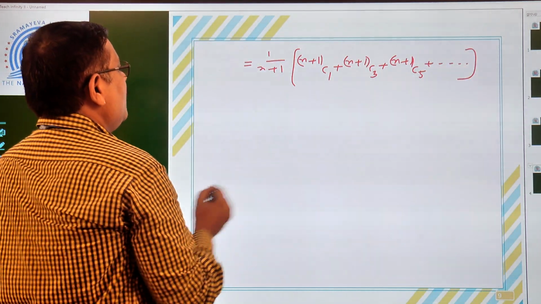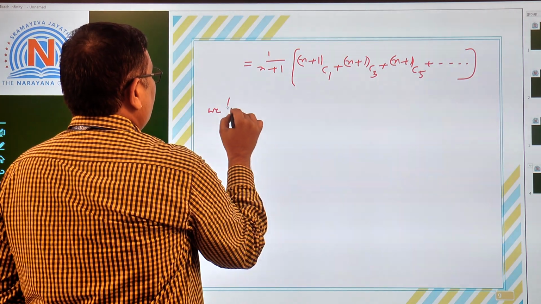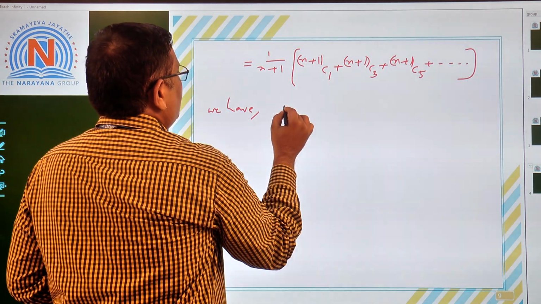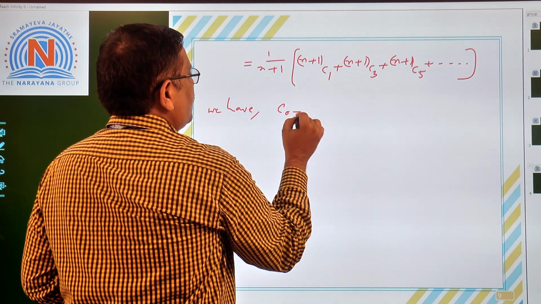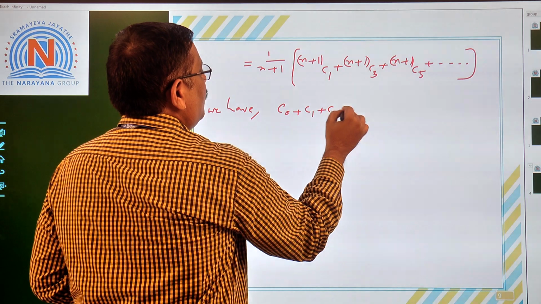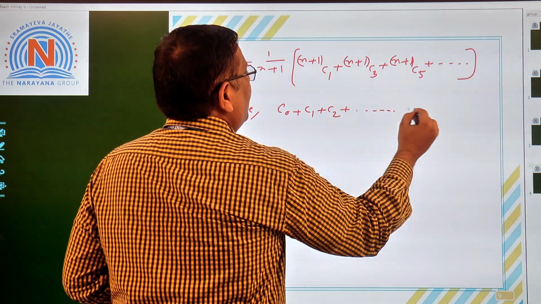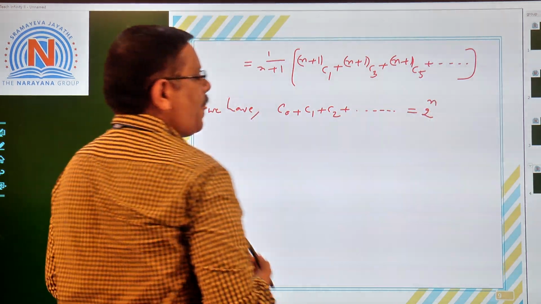Let us understand one thing. If you take NC0 plus C1 plus C2 plus so on till Cn, its value is 2 to the power of n. Yes or no?